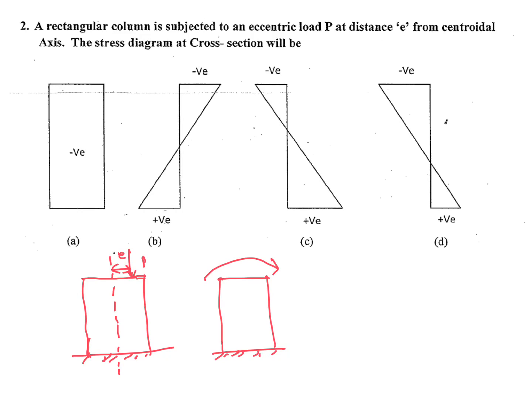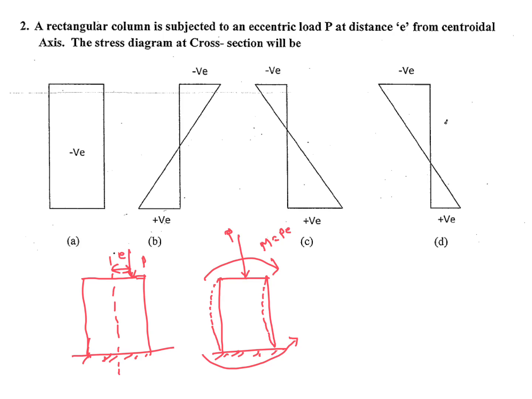The eccentric load can be converted into one compressive load P and one moment P into E. So this side tension, this side compression.